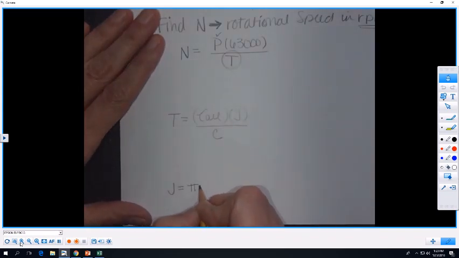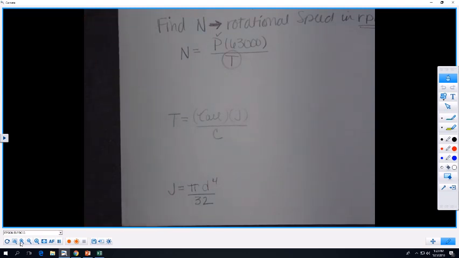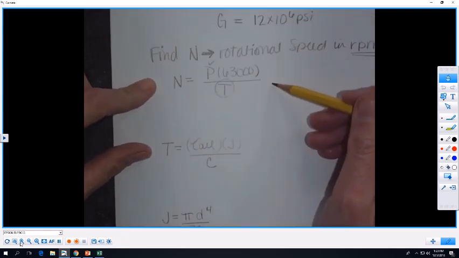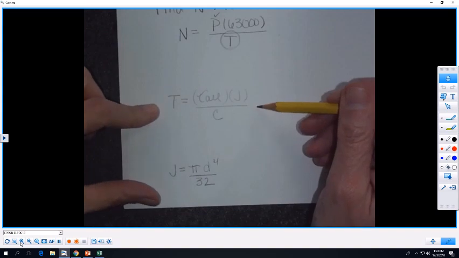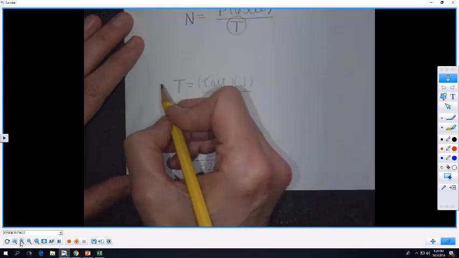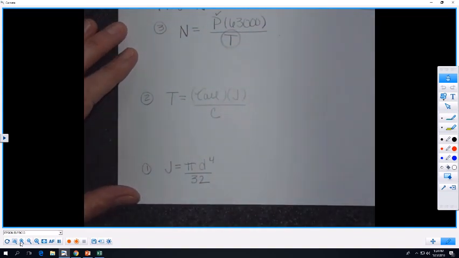Now, since we have the equation, where do we start? This is where we end. We need the torque, but we also need the J. So we actually start here with our equation, and then we go to there, and then we go to there. Does that make sense to everybody?